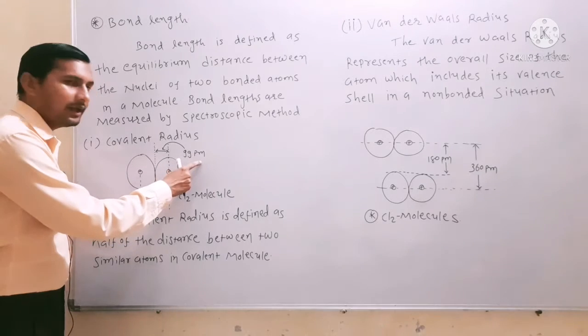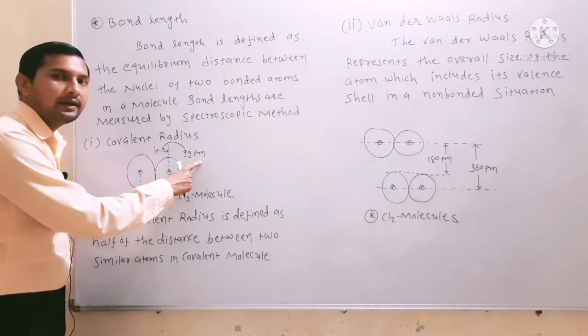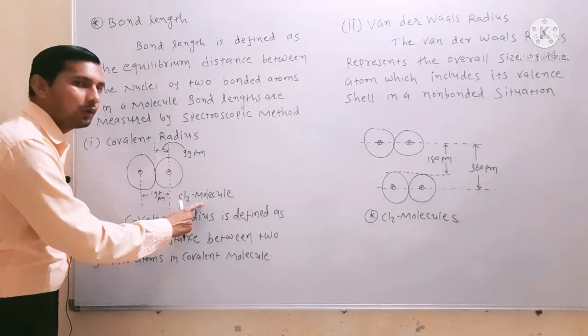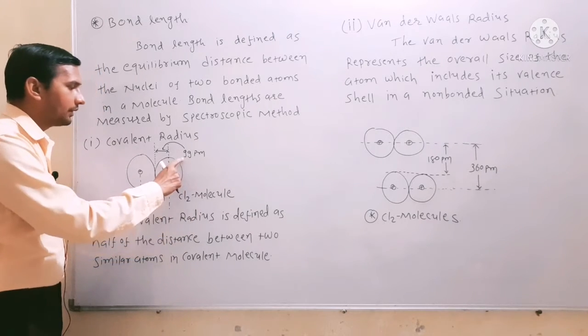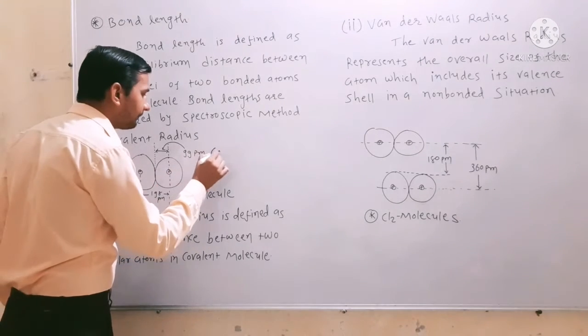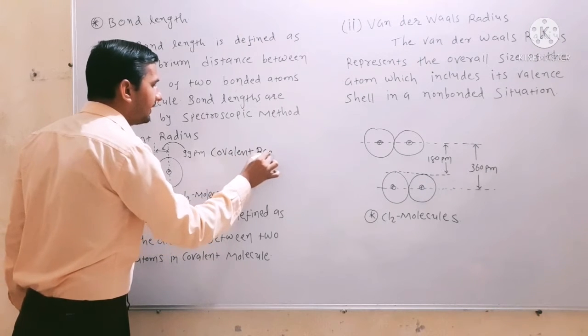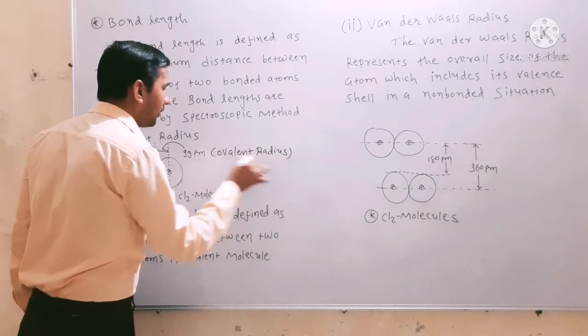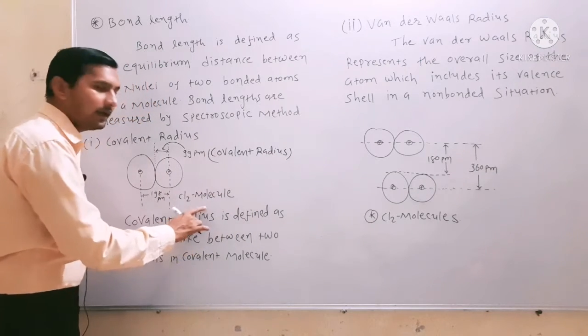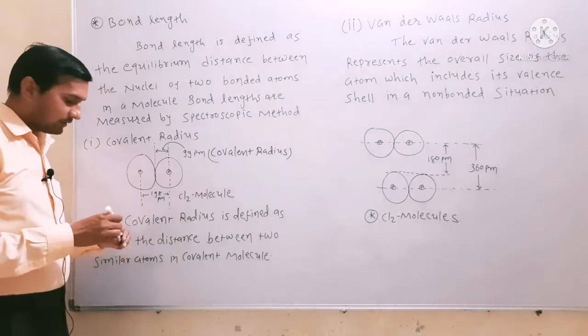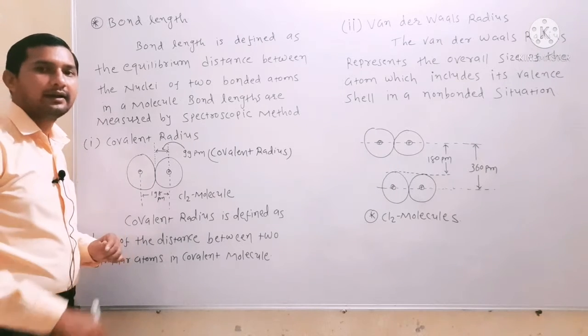This 99 pm is known as the covalent radius of the given chlorine molecule. So this is about covalent radius.